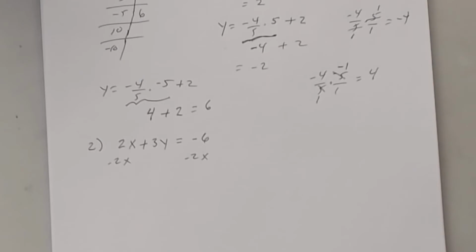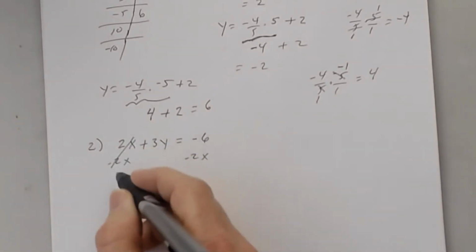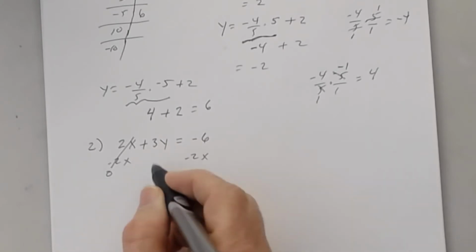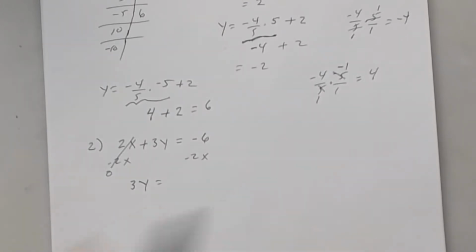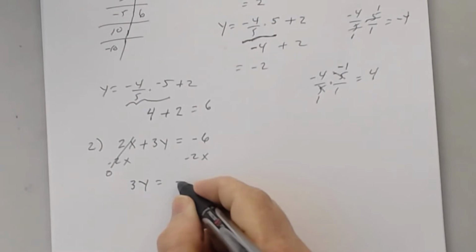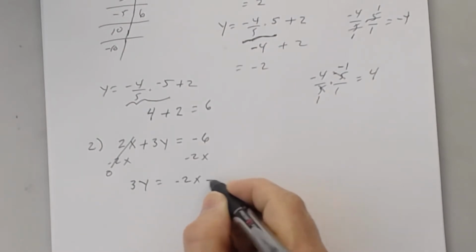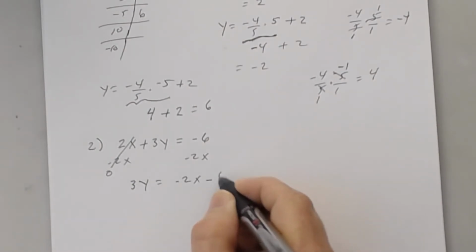On the left side, I can combine like terms because 2x and a negative 2x is 0. So what's left on the left side? 3y. On the right side, are there any terms that are alike? No. But let's go ahead and put the variable first. So how are you going to write this? Negative 2x minus 6.